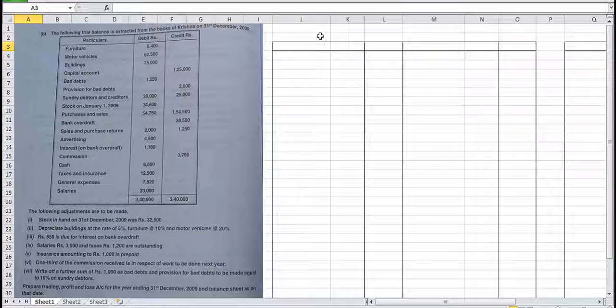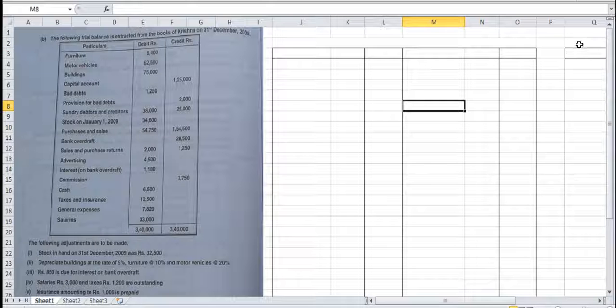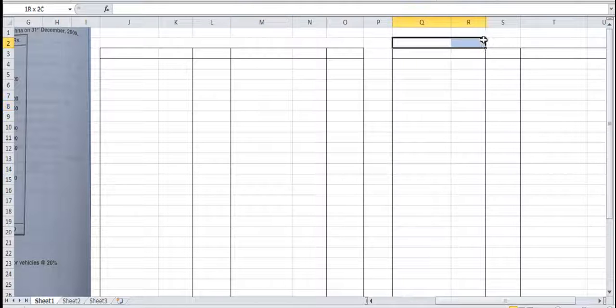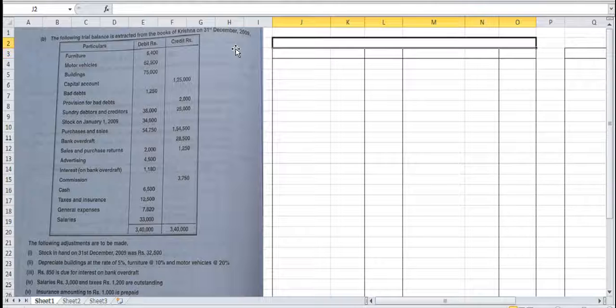Okay, this is a trading and profit and loss account. Here I am writing, this is a balance sheet. Let's prepare the trading and profit and loss account.